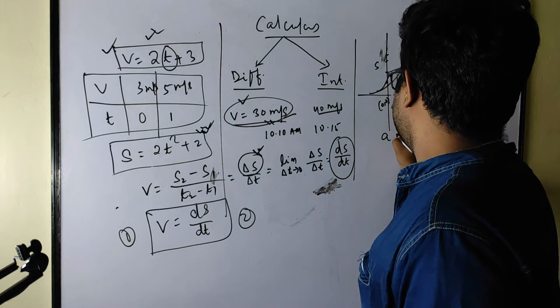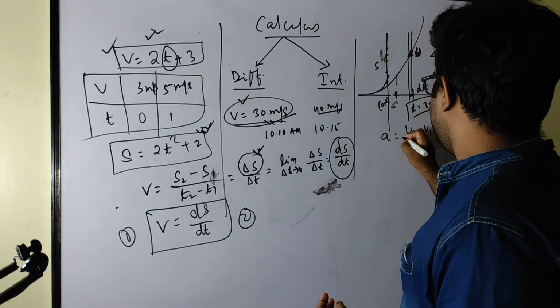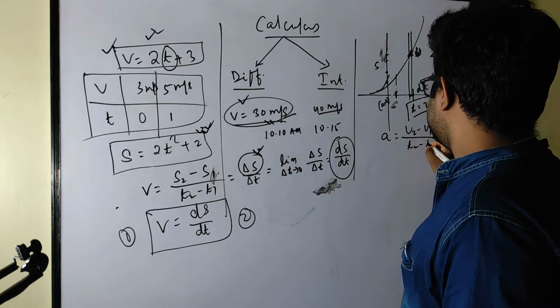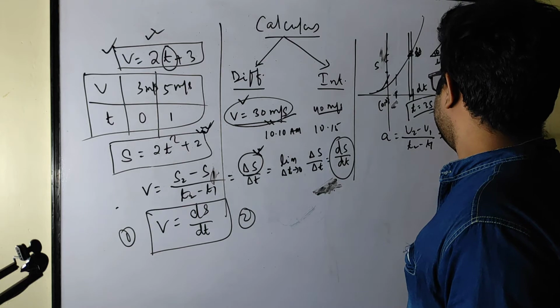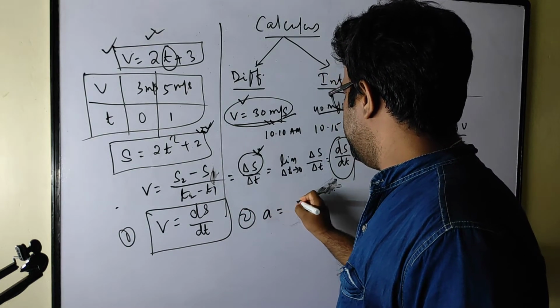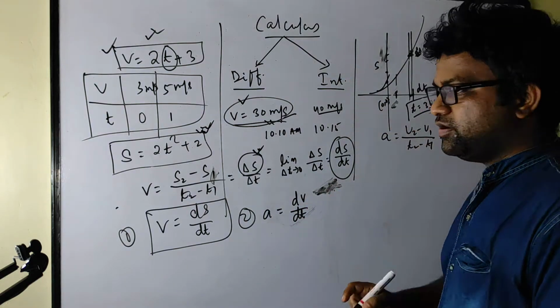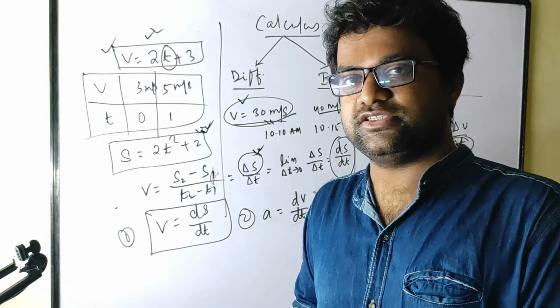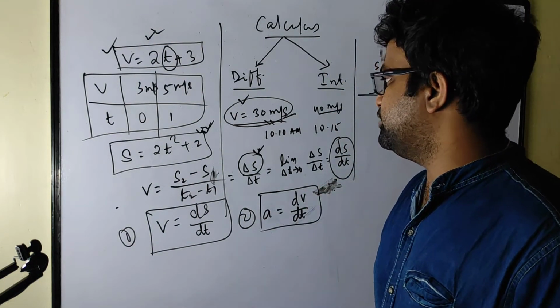Acceleration is v2 minus v1, final velocity minus initial velocity, upon the time interval t2 minus t1, or we can write dv by dt with delta t very small. Similarly, acceleration will be dv by dt, cutting the curve into very small pieces in small intervals, so you can calculate the acceleration at a particular instant.